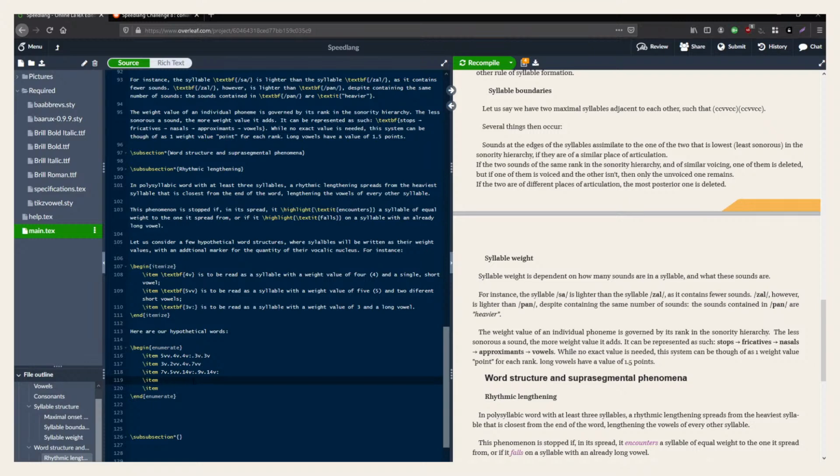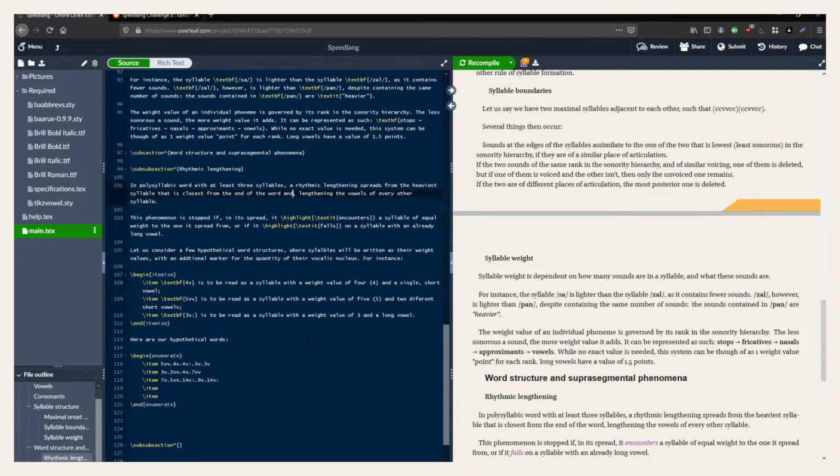Let's see, I want... so yeah, it's from the end of the word. So I did okay with that. Oh, actually, since it's from the end of the word, and towards the start of it.